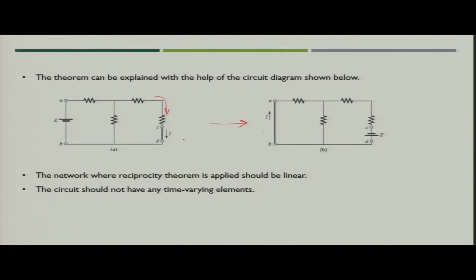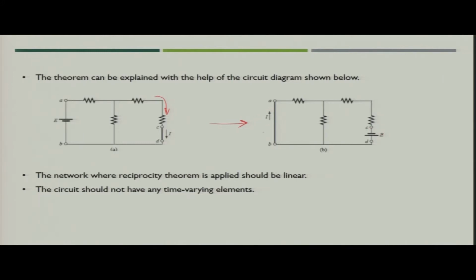So, what does it mean? It means that we are replacing the value of E. How will you replace? You will just switch the locations of both of the parameters. One is E, that is the voltage source, and the second is the current flowing in this particular branch.